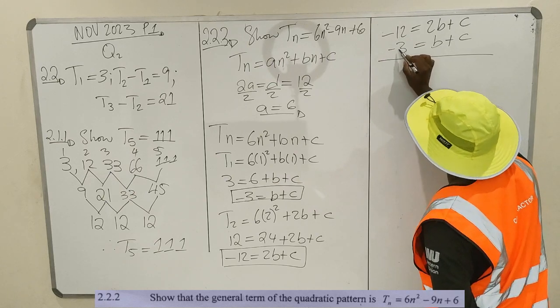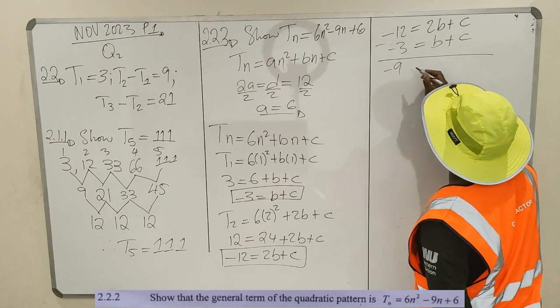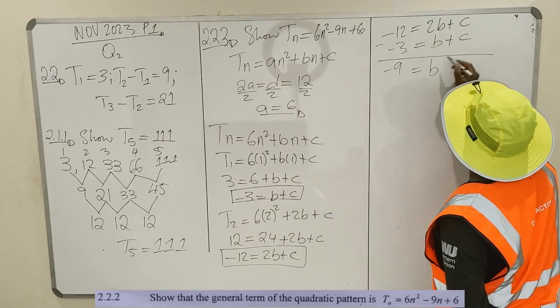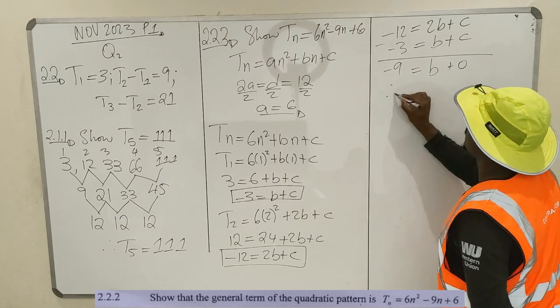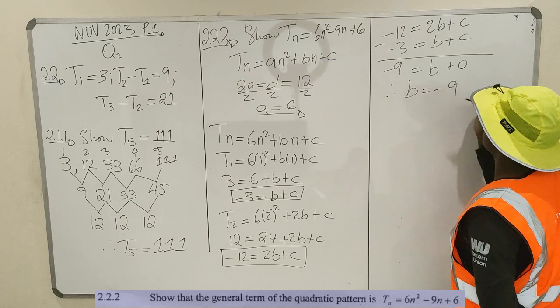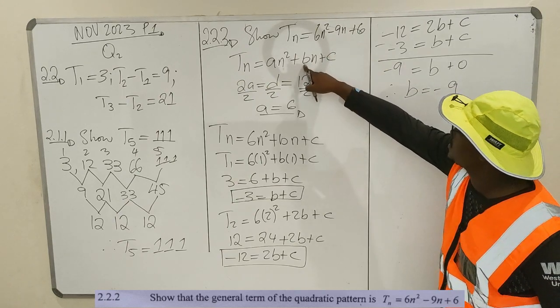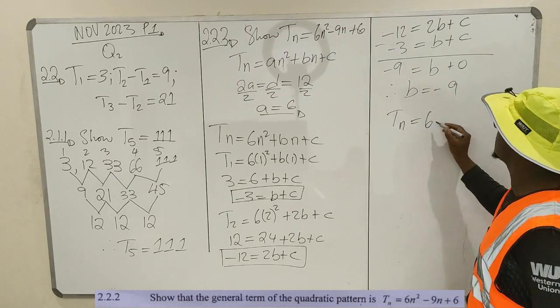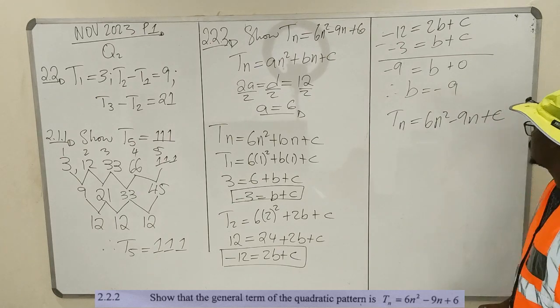Minus 12 minus minus 3, get minus 9, is equal to 2b minus b, you get b, c minus c, get 0. Therefore, your b is equal to minus 9. Which is that? Which is this. So your Tn now looks like 6n squared minus 9n plus c.